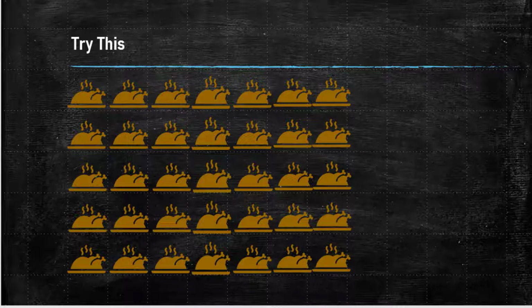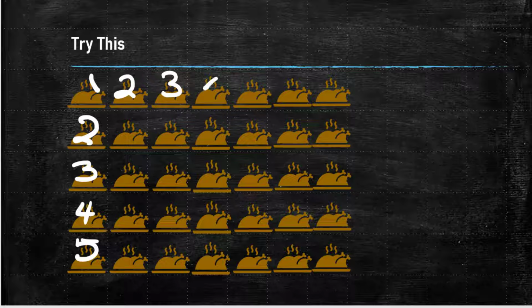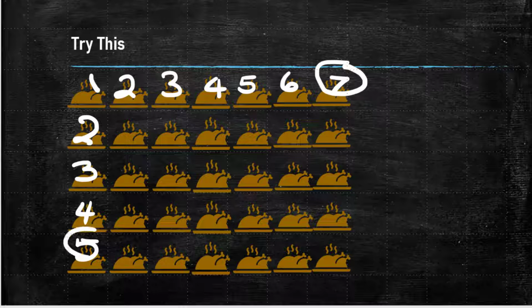So let's use some Thanksgiving types of arrays to show our understanding. Here I see 5 rows. I also see 7 in each row. Now, I know I'm working with a factor of 7 and a factor of 5, 5 times 7.